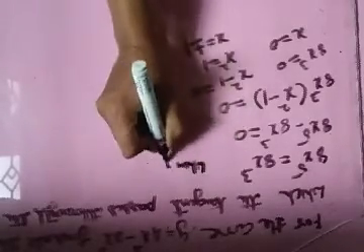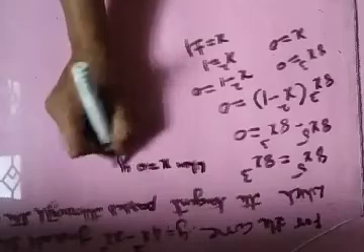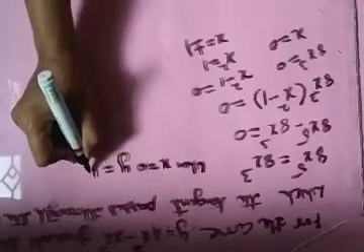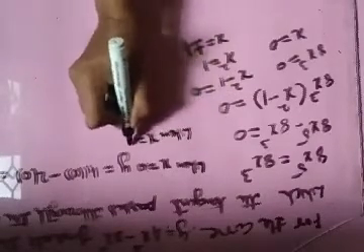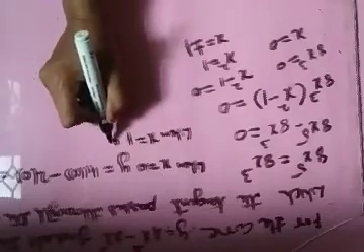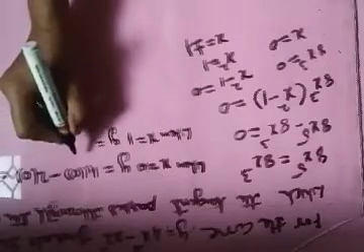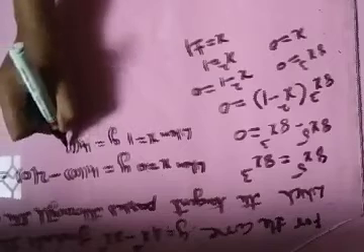When x is equal to 0, y is equal to 4 into 0 minus 2 into 0, which is equal to 0. When x is equal to 1, y is equal to 4 into 1 minus 2 into 1, which is equal to 2.